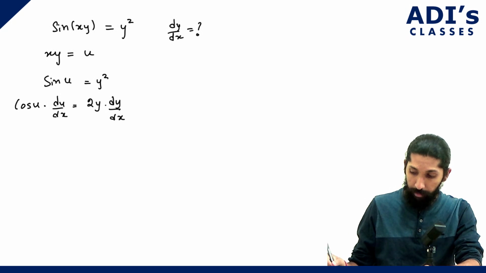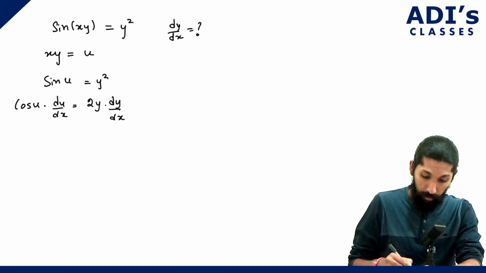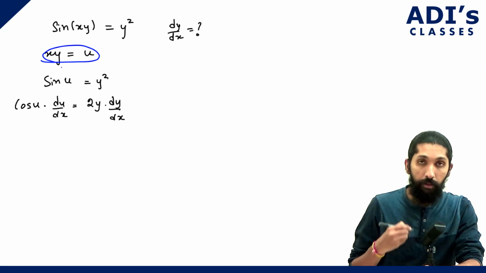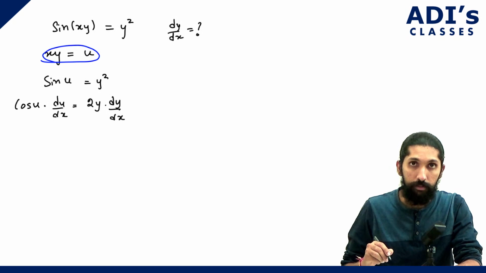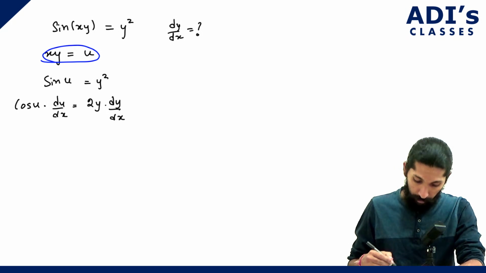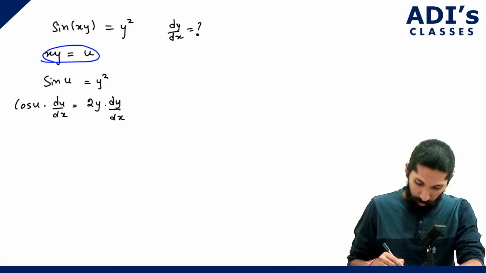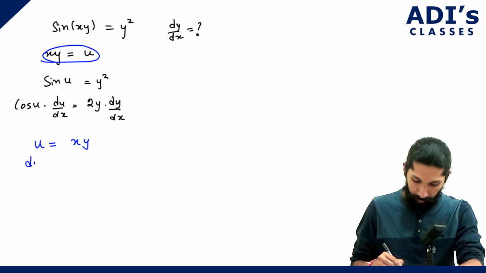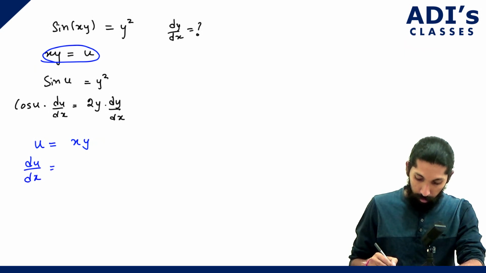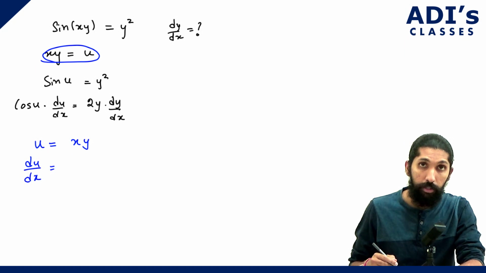Let's calculate du by dx. In the sense, we are going to take this, differentiate with respect to x. Alright? So what we have? We have u is equal to x into y, du by dx is equal to. Don't you think you have to use product rule here?